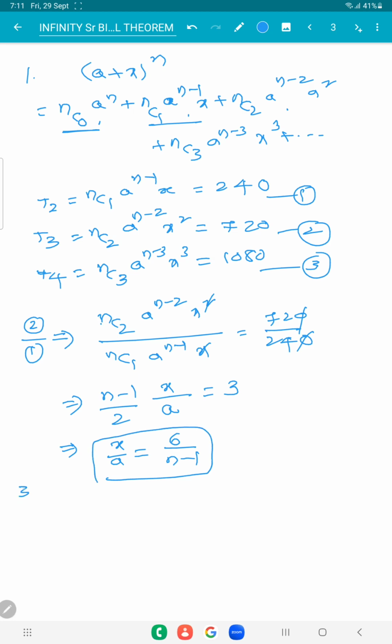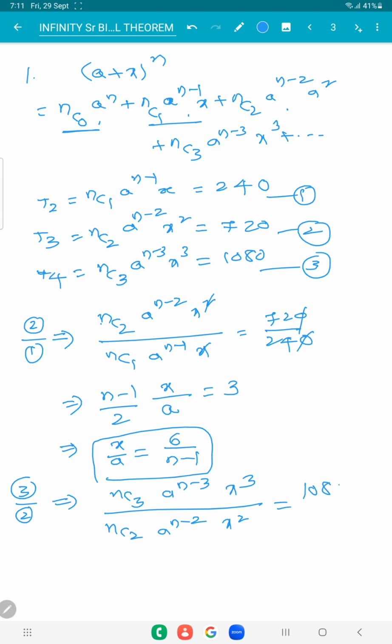Next do 3 by 2, the third equation by the second. nc3 a power n minus 3 x cube by nc2 a power n minus 2 x square is equal to 1080 by 720.